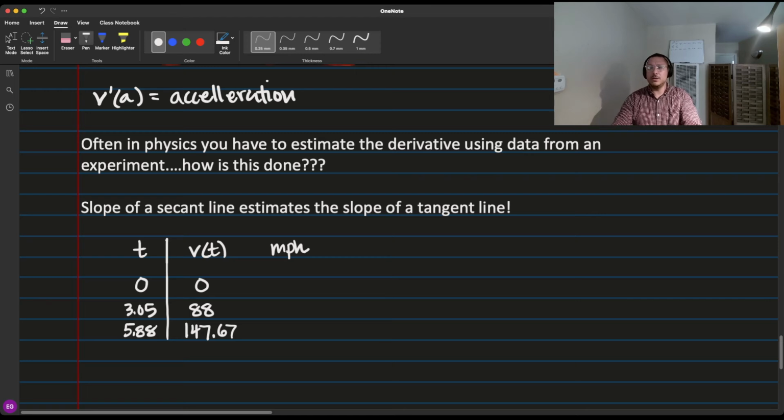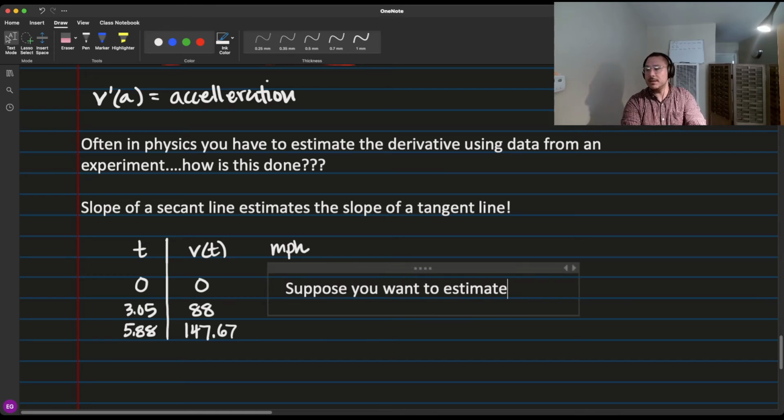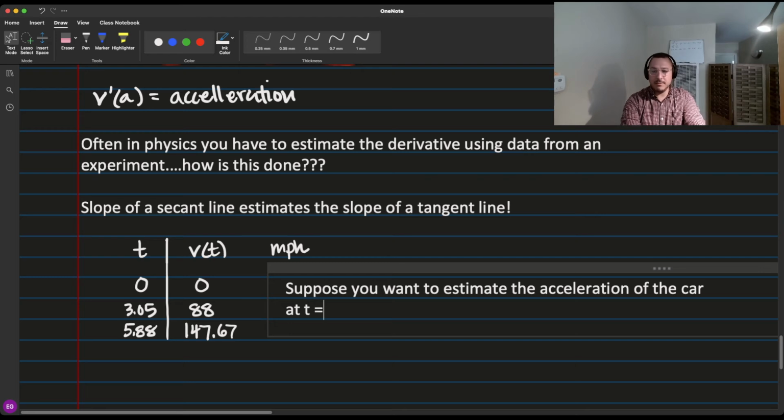Suppose you want to estimate the acceleration of the car at time 3.05.